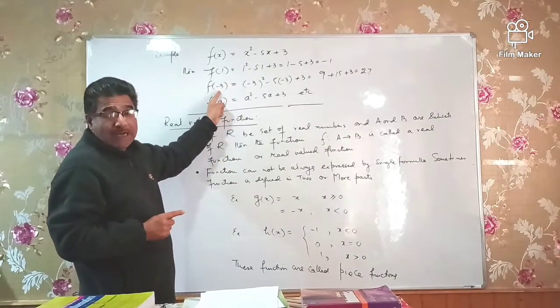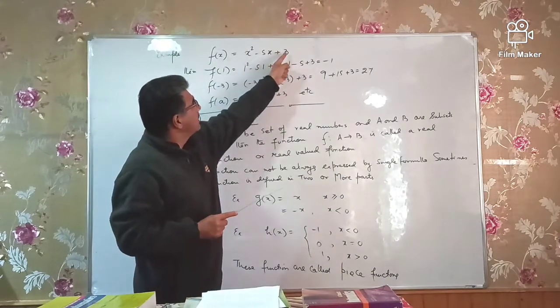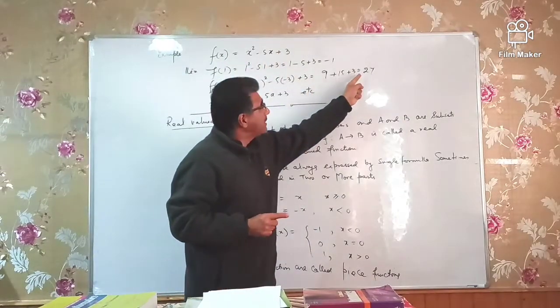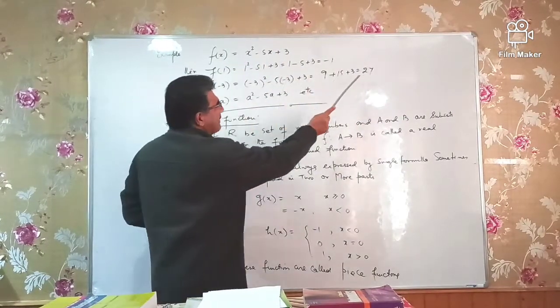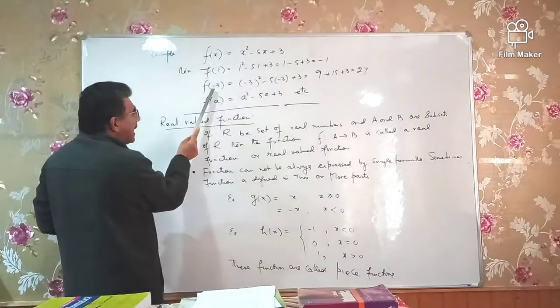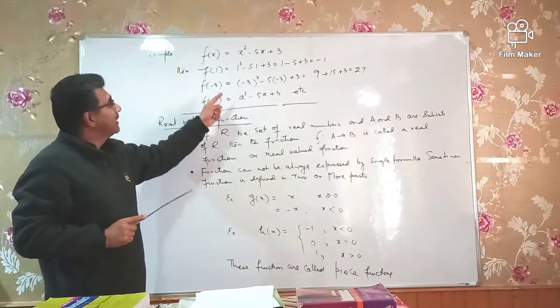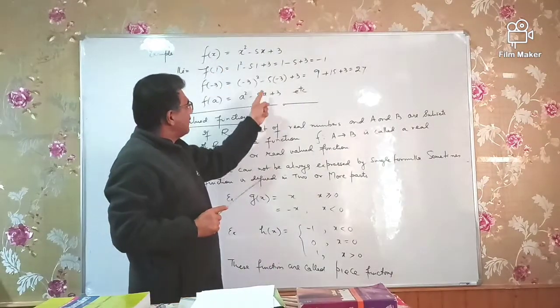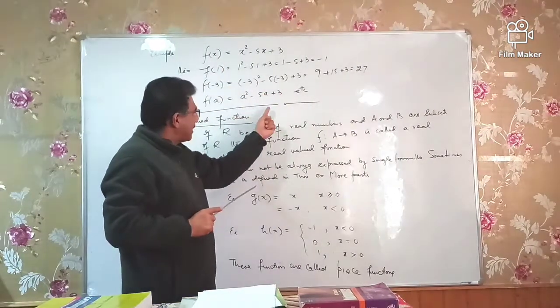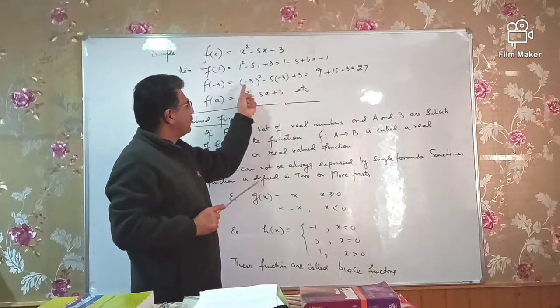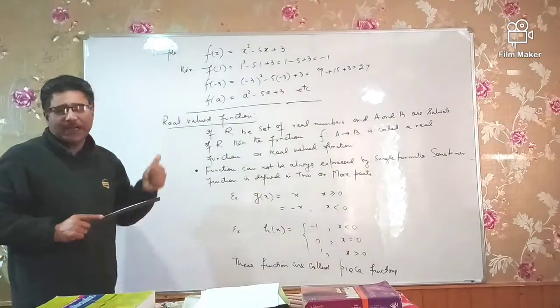If we put x is equal to -3, you put here -3 and you will get the value 27. That means 27 is the value of this function at x is equal to -3. In general, if I put x is equal to a, that means a square minus 5a plus 3. That means this a square minus 5a plus 3 is the value of the function at x is equal to a.